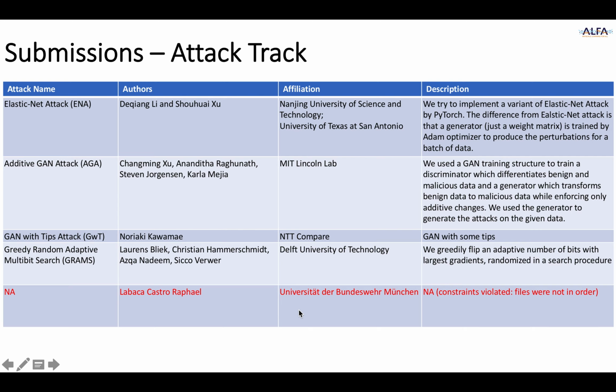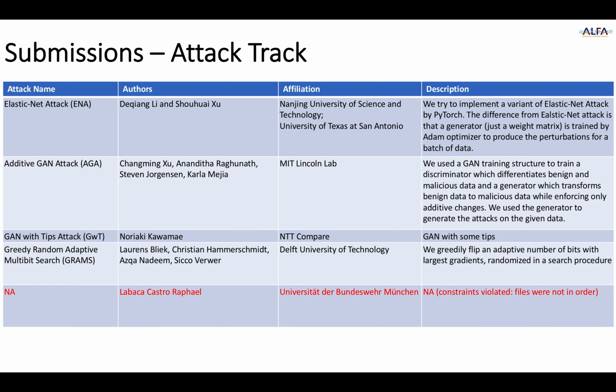The tool raised an error that some of these files were violating the constraints. We had some communication with Raphael about fixing this issue, but we ran out of time. At the time of preparing these slides, we still weren't able to run the submission. But maybe in the future we'll be able to publish the results afterwards.